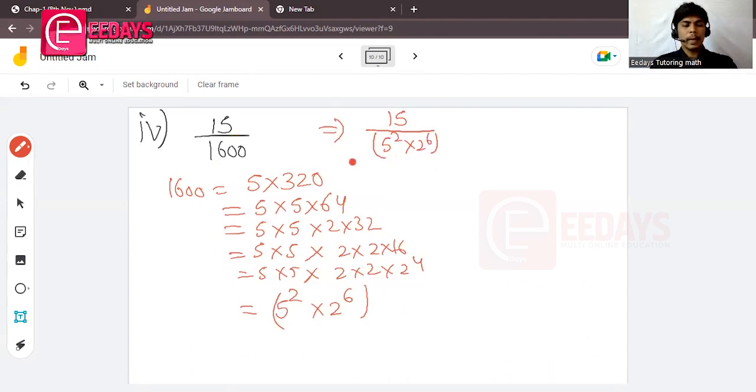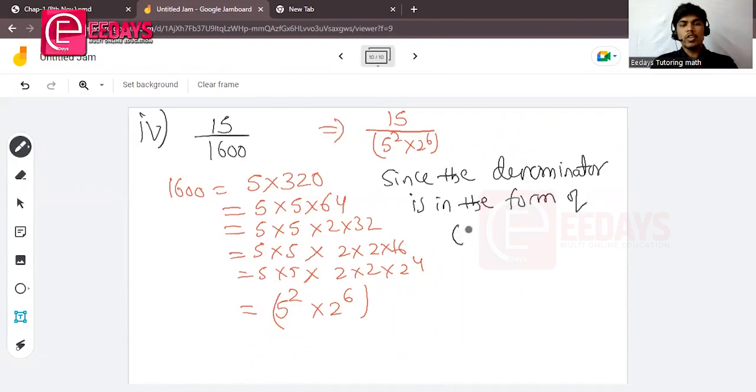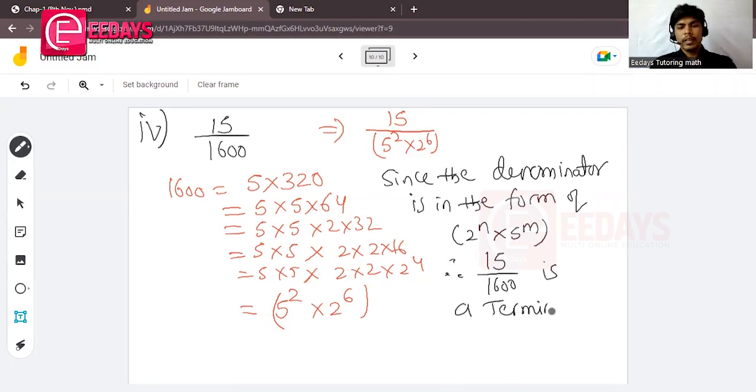Since the denominator is in the form of 2 power n into 5 power m, therefore 15 by 1600 is a terminating decimal.